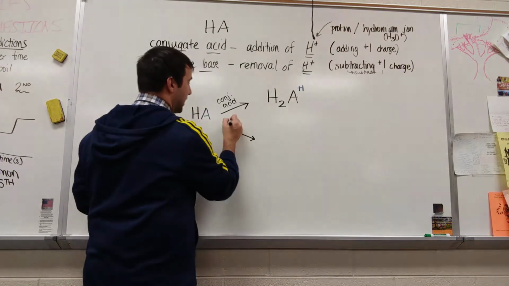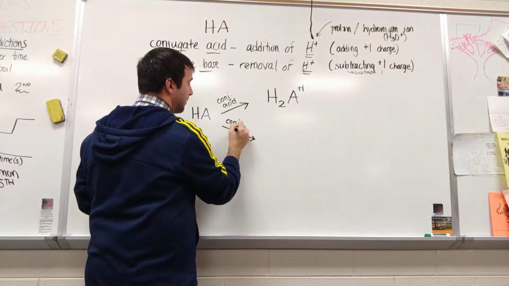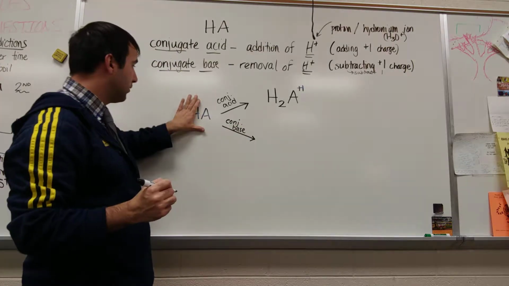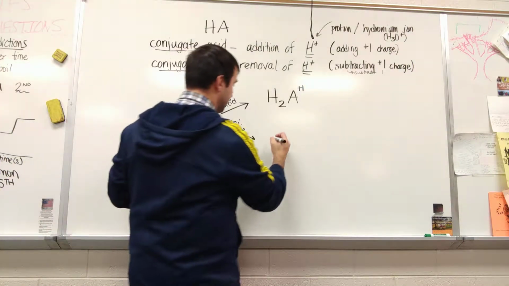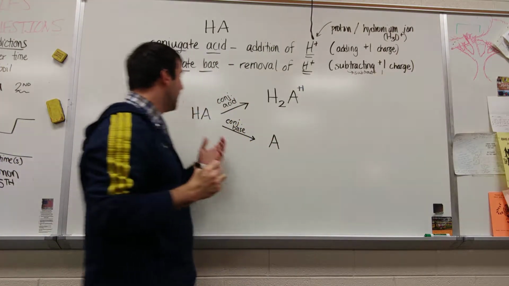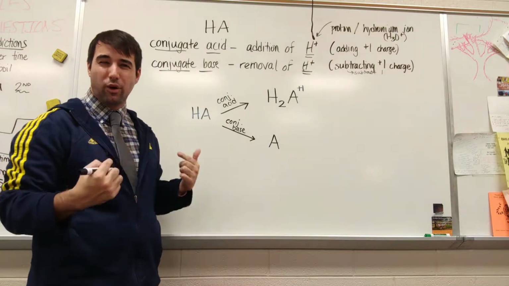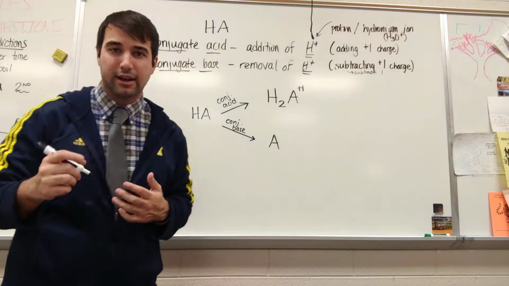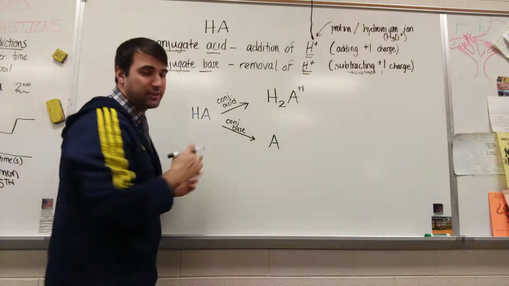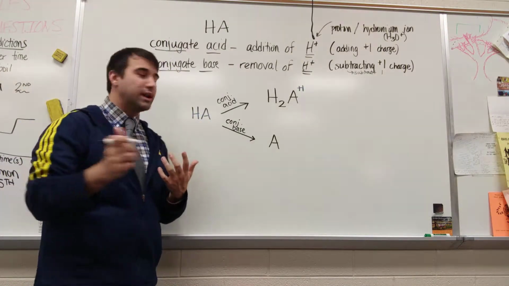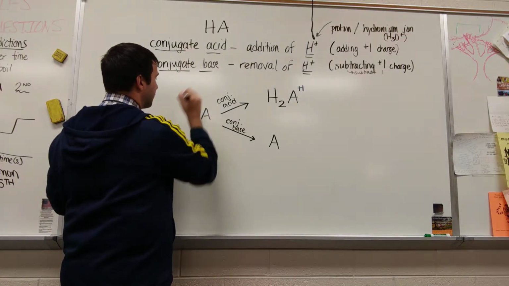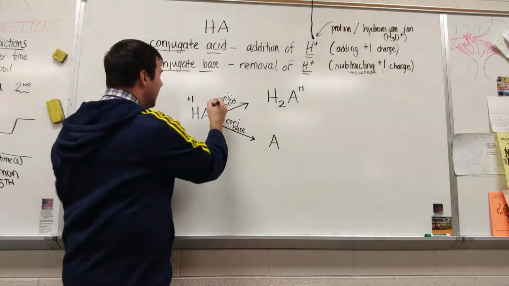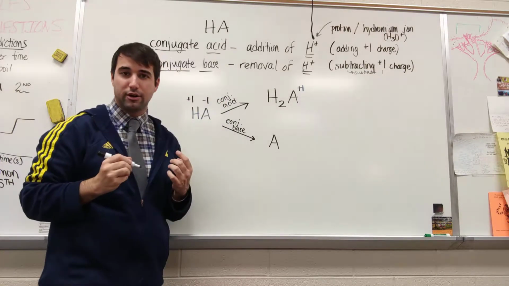If I want to make the conjugate base, which is something that we're used to seeing, I'm going to remove H+. So I'm going to remove that H, and I'm left with A. I'm also removing a +1 charge. Now remember from way back in ionic compounds, H is a group 1 element. It typically forms a +1 charge, which means to make this compound, A must be a -1 charge.